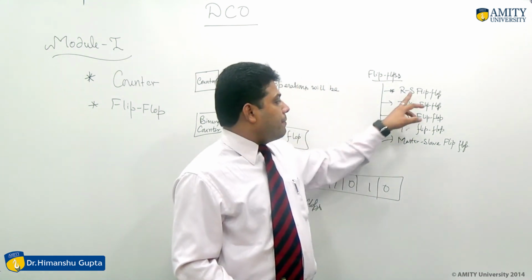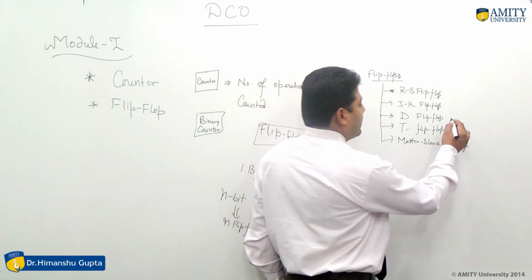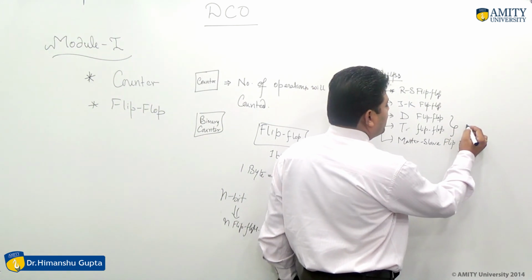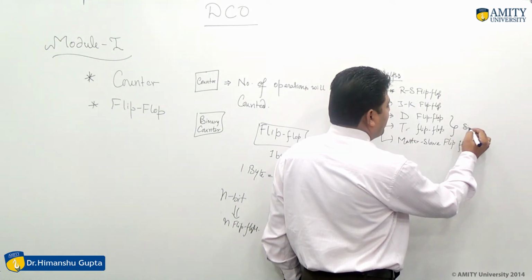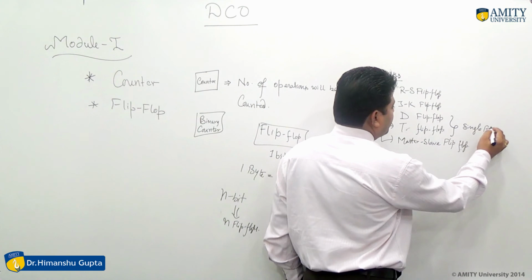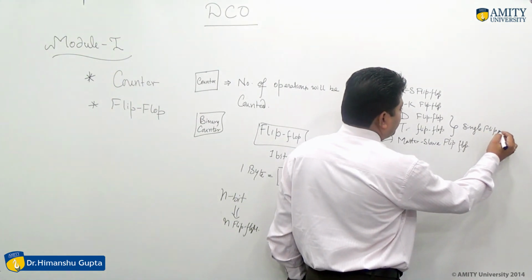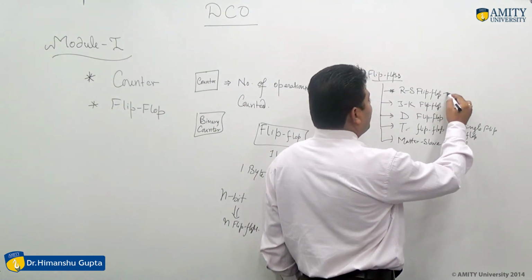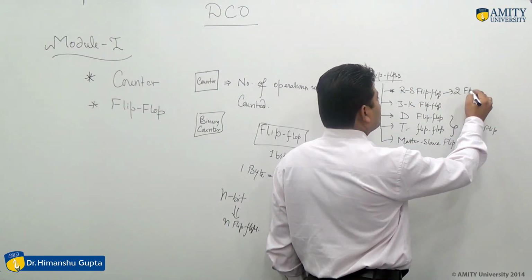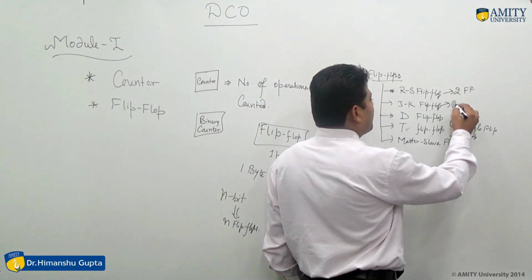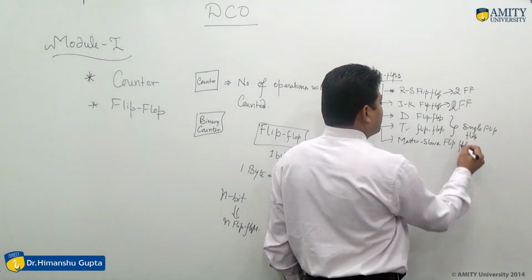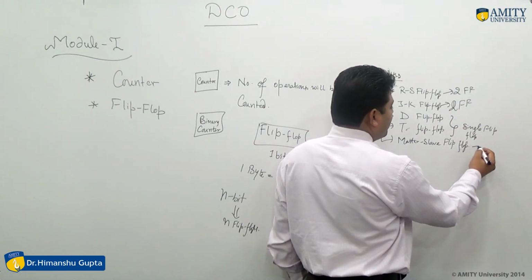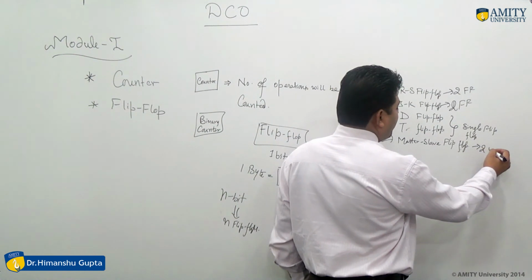Here we will see that in D and T we use only a single flip-flop. But in the RS flip-flop we use 2 flip-flops. In the JK flip-flop we again use 2 flip-flops. In the master slave flip-flop, again 2 flip-flops.